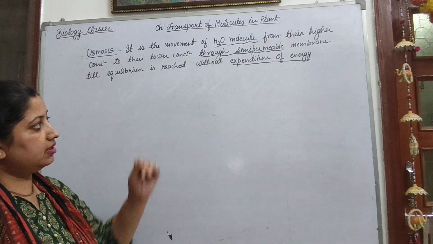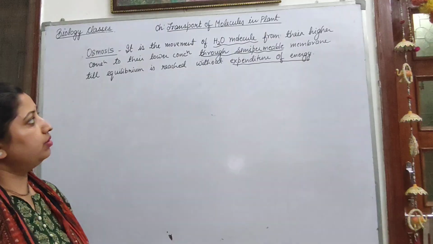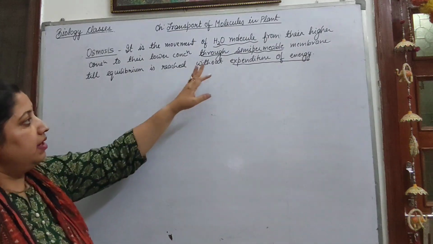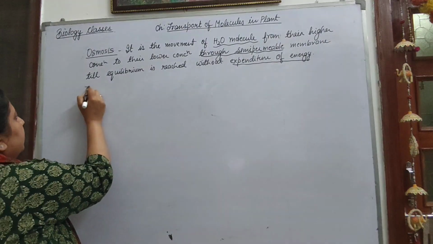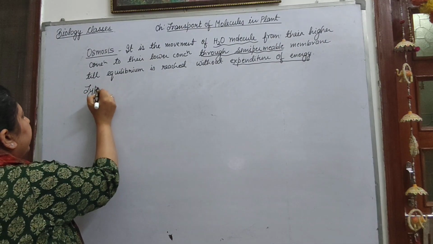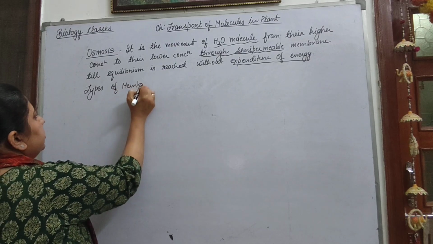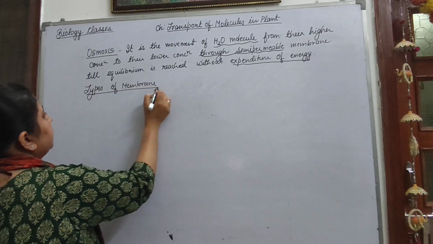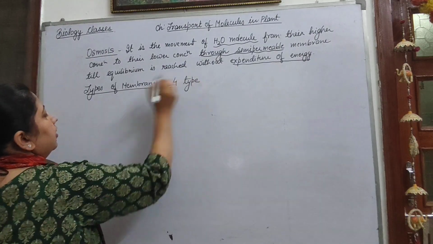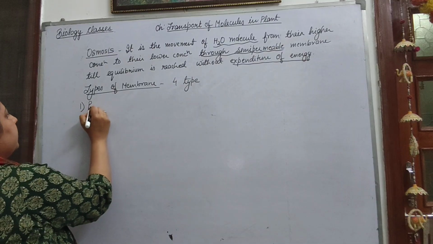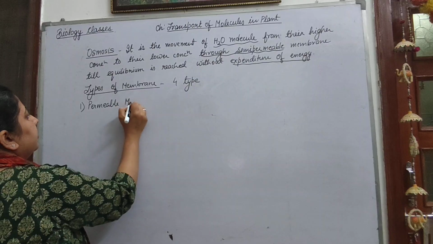So here the first thing is types of membrane. Before we understand all these other processes, we first need to understand the different types of membrane. There are 4 different types of membrane. The first is the permeable membrane.